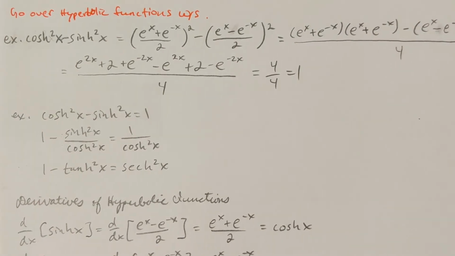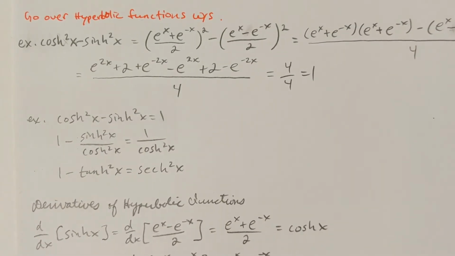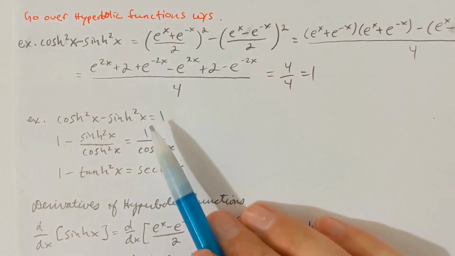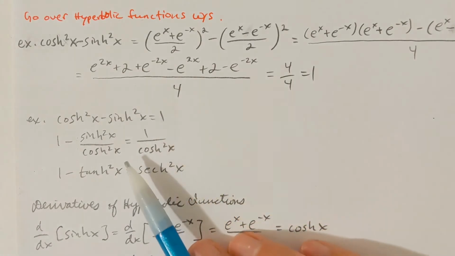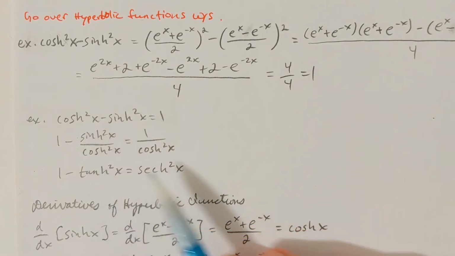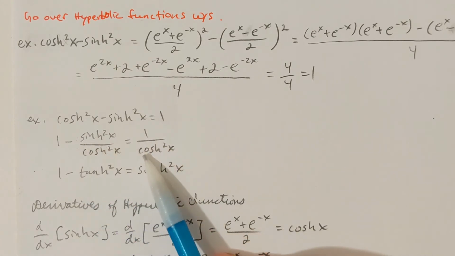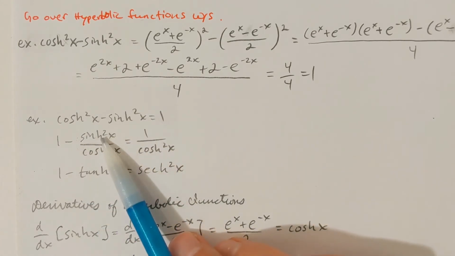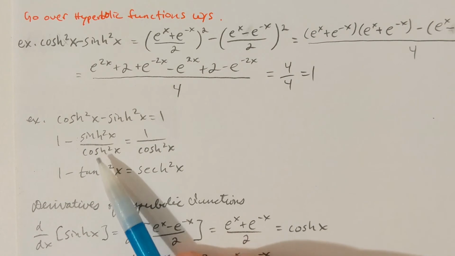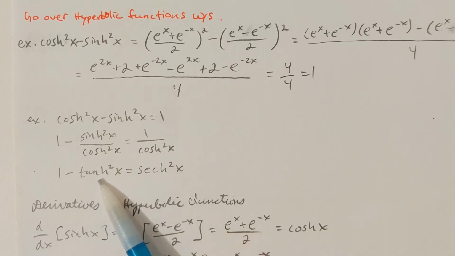Okay. Now, if we use that identity that we just proved there, and we divide both sides by hyperbolic cosine squared x, I've done that here. Hyperbolic sine x over hyperbolic cosine x is how we define hyperbolic tangent x.